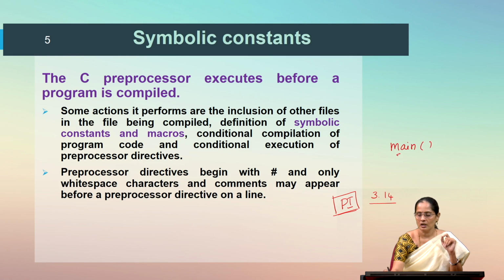This is where the compilation of the program starts. However, if we want to do something prior to the compilation, we can declare those things as preprocessor directives. So, these preprocessor directives are one way of creating symbolic constants.